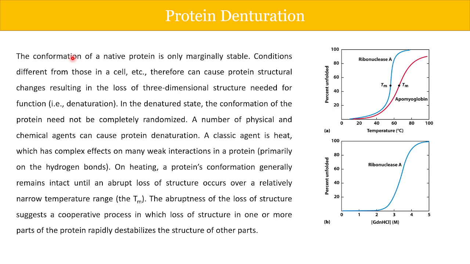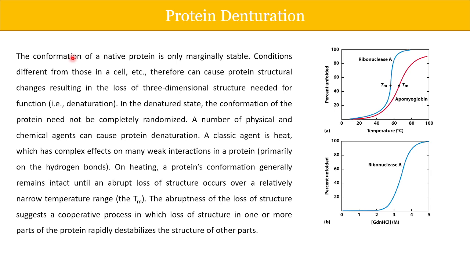The energy that controls the interactions that hold the protein in its folded state, in its native state, is basically lost, and the protein completely opens up and is said to be denatured. So in the denatured state, the conformation of a protein need not be completely randomized. It can be partially folded, partially unfolded, and that can happen.